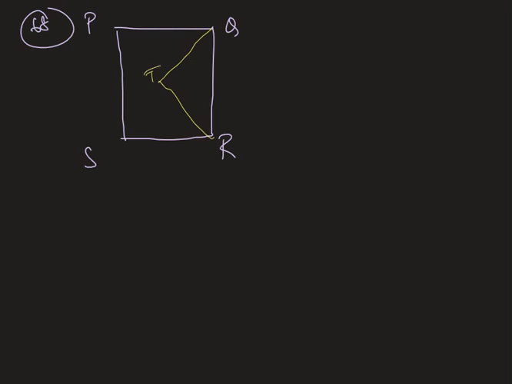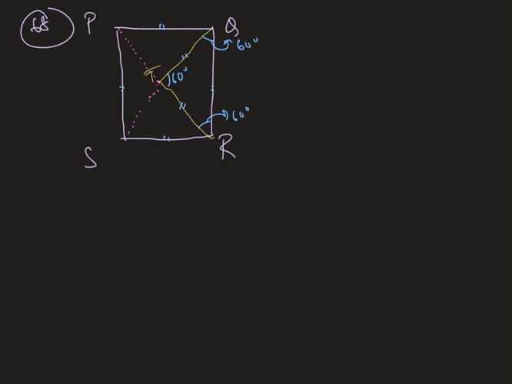Now join these two coordinates P and T, and also join S and T. Now, as the triangle is equilateral, therefore all the angles are 60 degrees, and all the sides of the triangle are equal, and as it is a square, all the sides of the square are also equal.